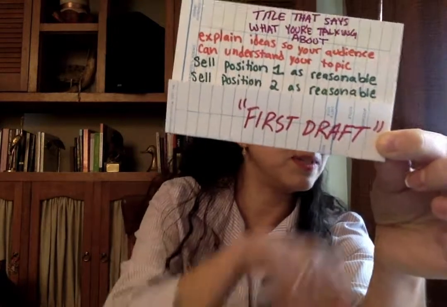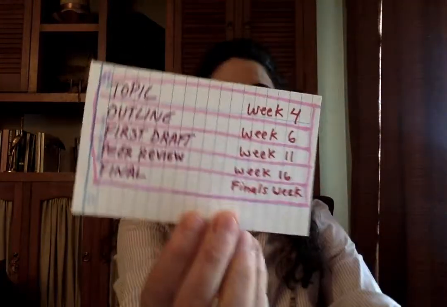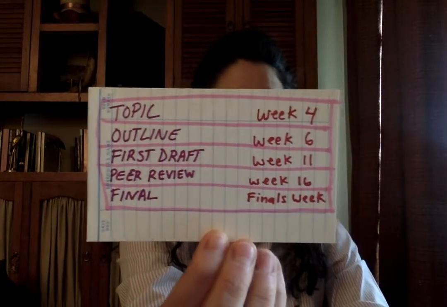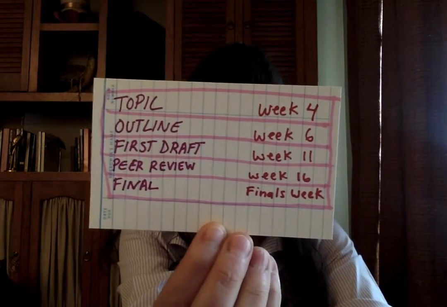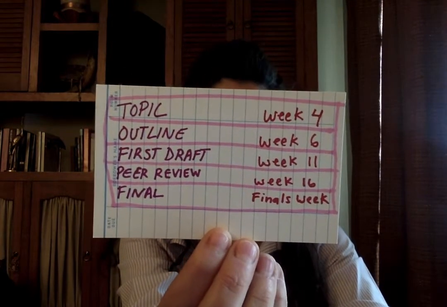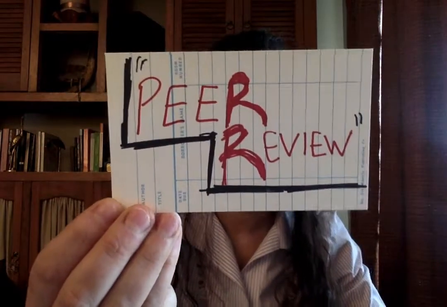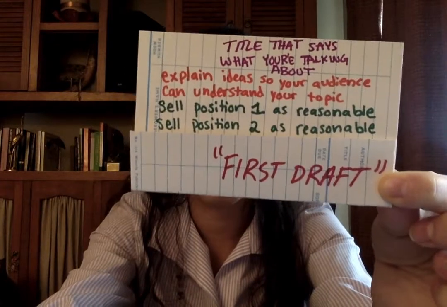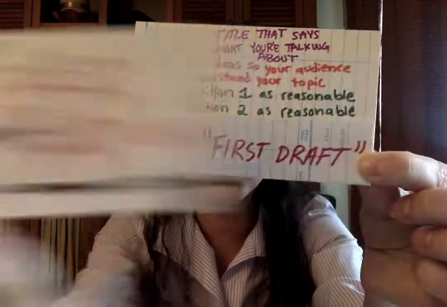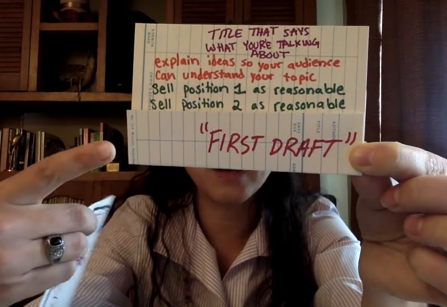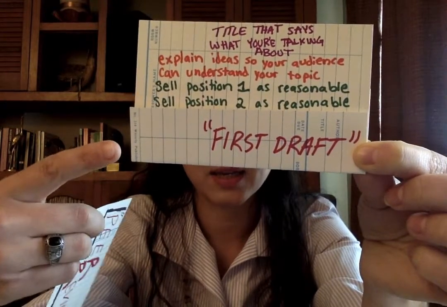You just take your outline and you put it in paragraph form. You're going to next send your first draft to me, and it will be peer reviewed. There will be someone assigned to making your first draft better while you're making their first draft better. But notice, your peer reviewer will have no idea what you think because your peer reviewer is going to peer review your first draft. Your first draft does not say what you think.